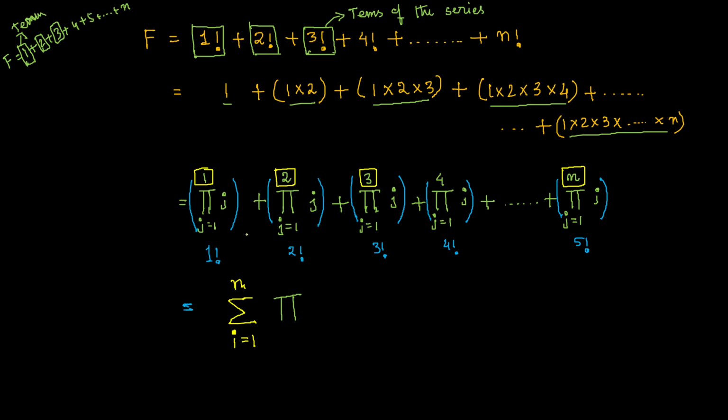where j, you see another pattern, always starts from 1 in every case, right? That means j will be 1, and it ends in 1 or 2 or 3 or 4 or n. That means it ends on I, because now I is representing either 1 for the first term, 2 for the second term, 3 for the third term, and so on, and then j.